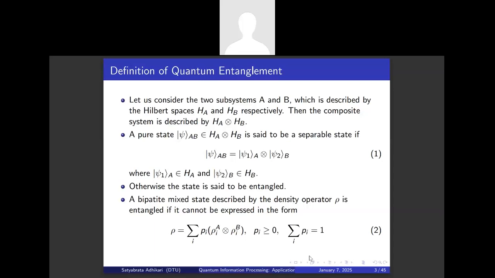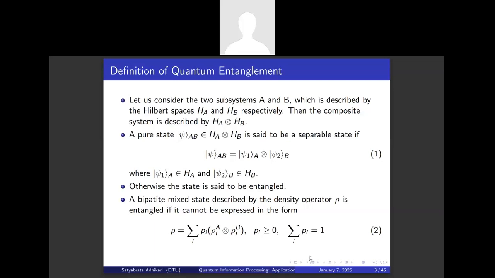So let us suppose the state is written in this form in the 0 1 basis, but it is not written in this form in the Hadamard basis. That means a given state can be written in this form in the computational basis, but not in this form in some other basis, the Hadamard basis.